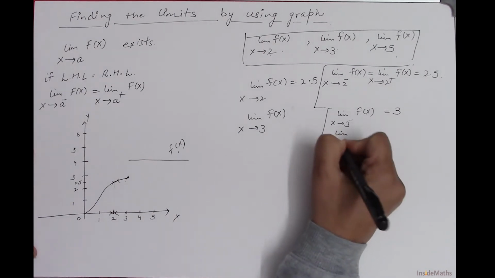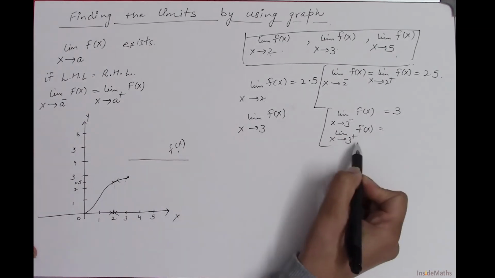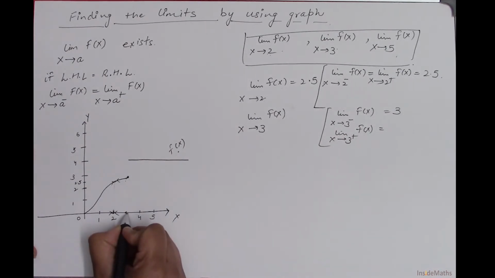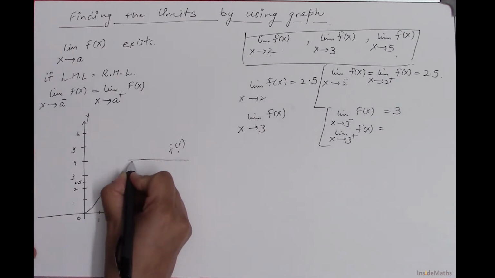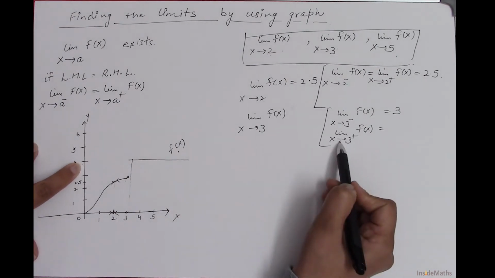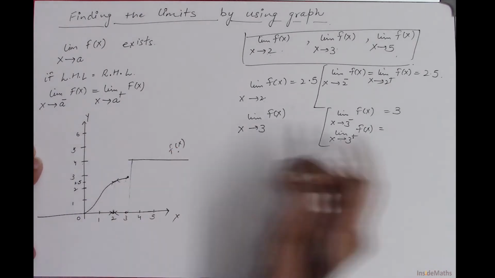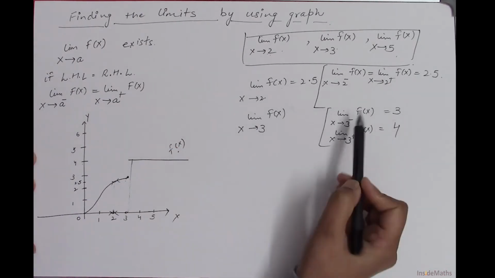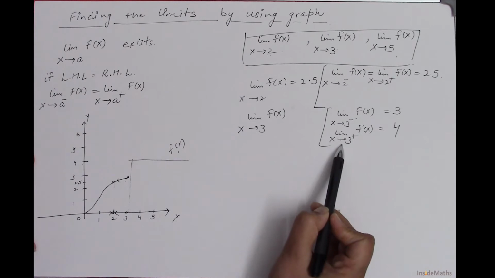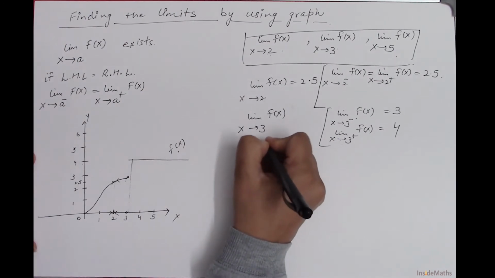And when x is approaching to 3 plus, that means when x is slightly greater than 3, then f of x is approaching to 4. That means the left hand limit and the right hand limit at the point 3 both are not equal. So that means this limit does not exist.